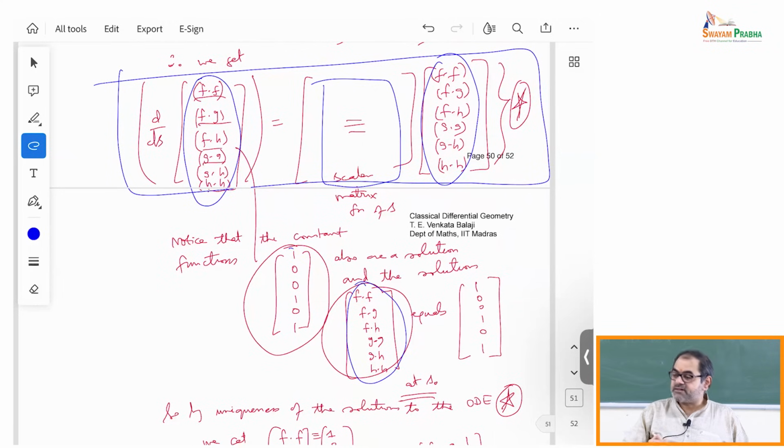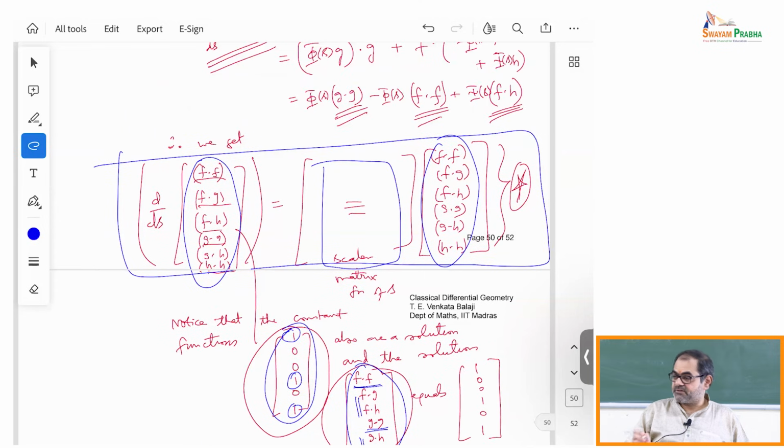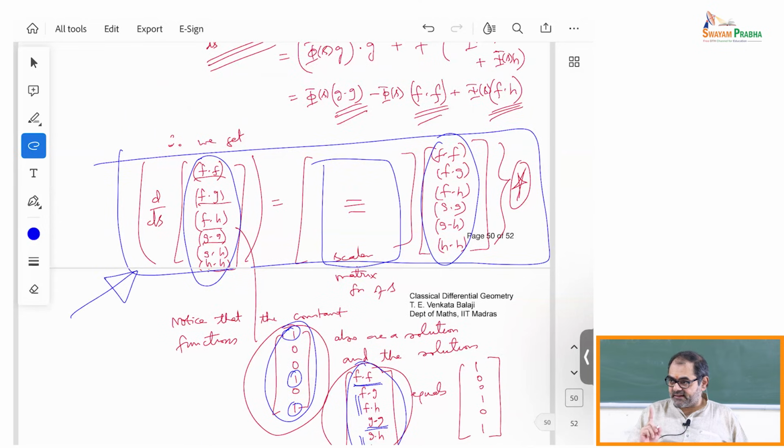So what we noticed is that for these 6 dot products, if I put these 6 constant functions, that just corresponds to the choice that all the self dot products f dot f, g dot g, h dot h are all 1, and the remaining mixed dot products are all 0. If you put these constant function values, then you have to check that it also satisfies this differential equation, and that checking has to be done.